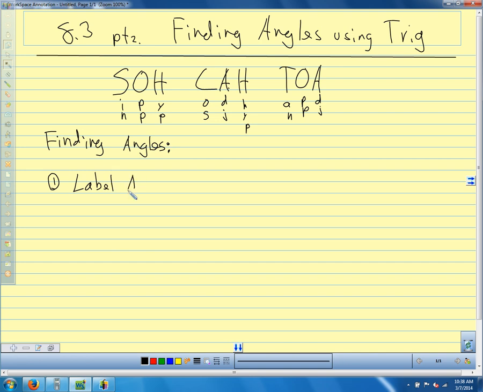By label the triangle, when we're talking about trigonometry, we're going to label the sides opposite, adjacent, and hypotenuse based on which angle we're looking at. Once we label our triangle, we decide which trig ratio to use.